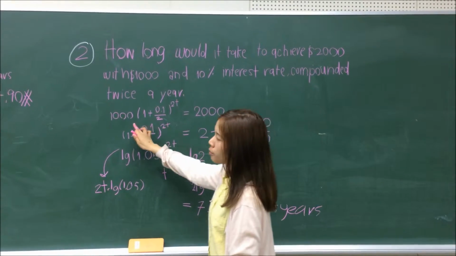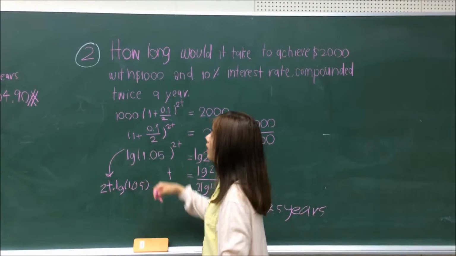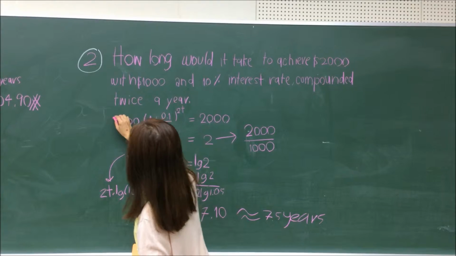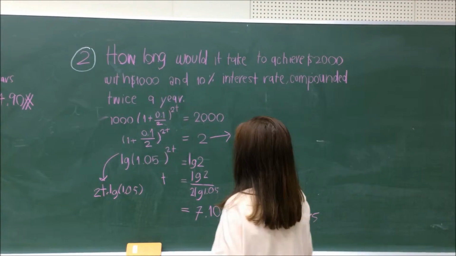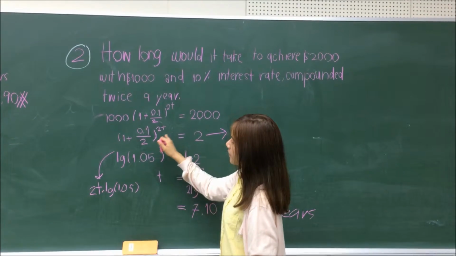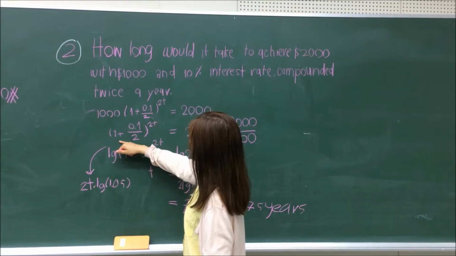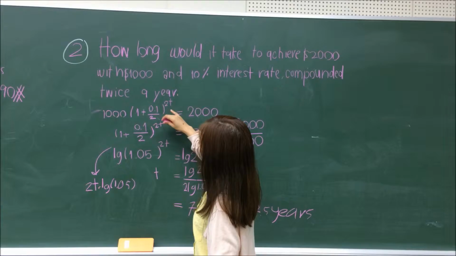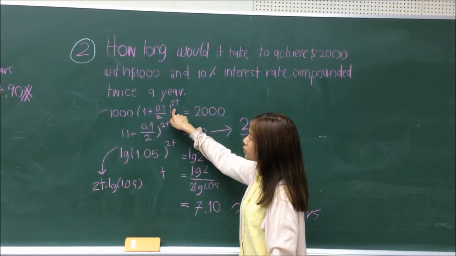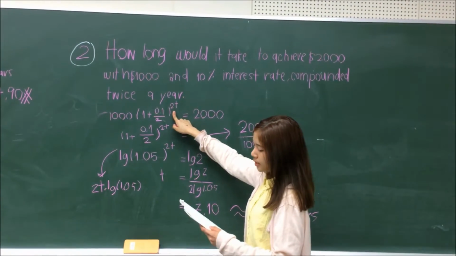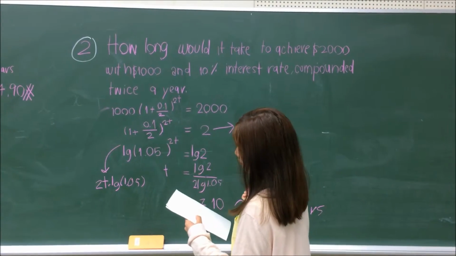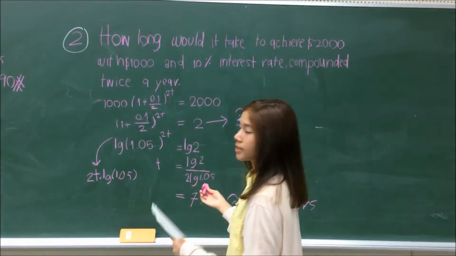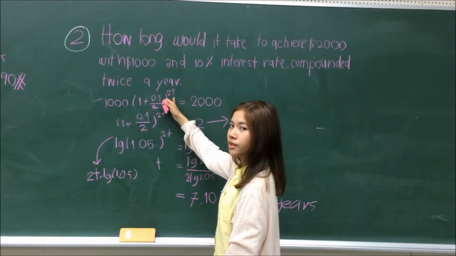This is a formula like the previous one. 1,000 is the present value, 2 is the number of times compounded, and T we don't know yet.